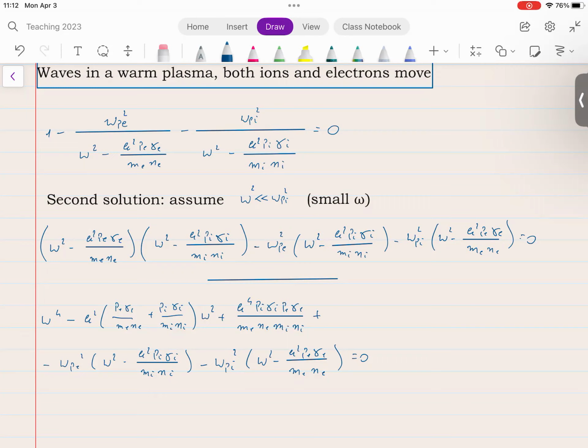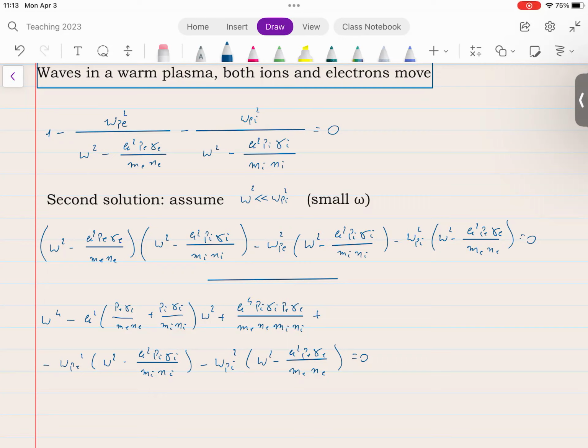By evaluating the size of terms, you should be able to figure out what to keep. The way you do this is by taking the ratio of various terms and figuring out which one is big and which one is small.